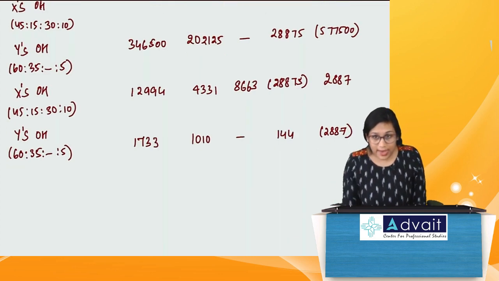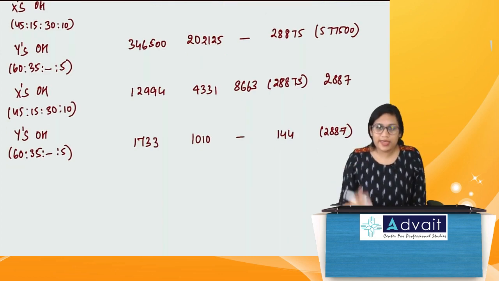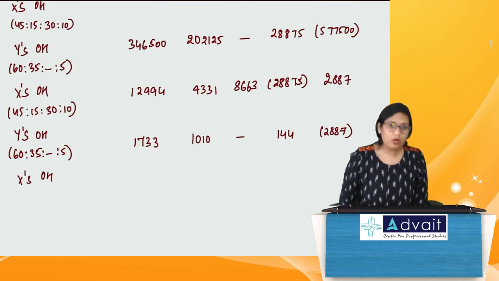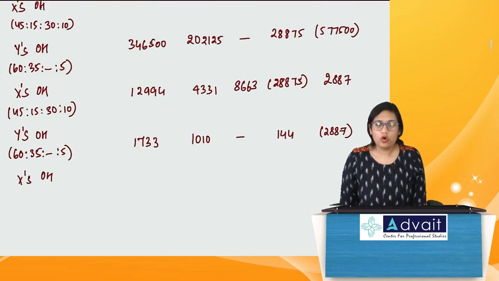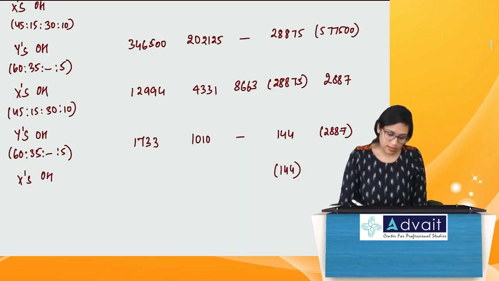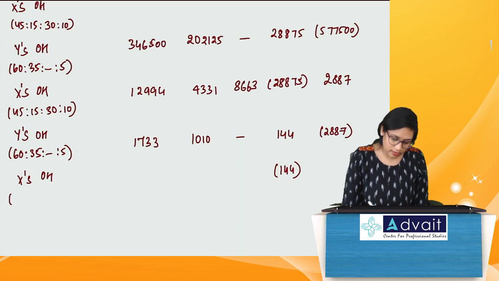Now again X has a balance, which means again I have to divide it. So X's overheads, let's divide 144. In what ratio will I divide? Same, 45, 15, 30, 10.